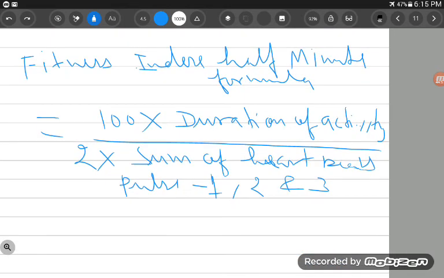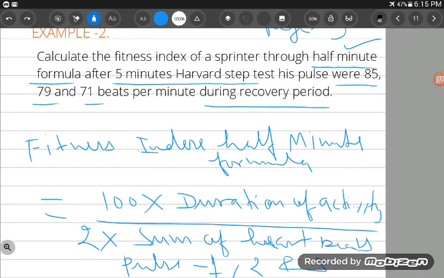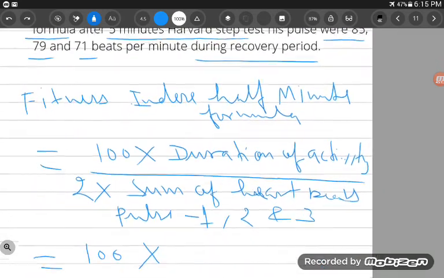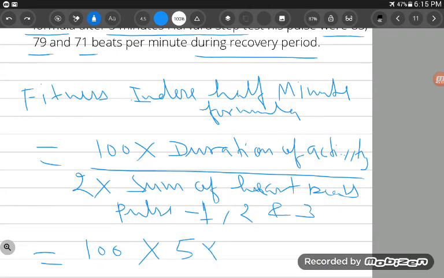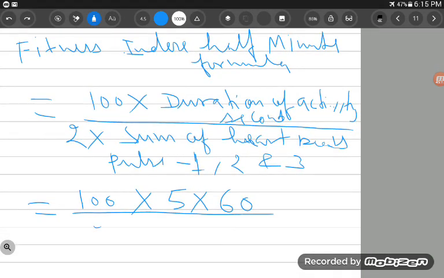Children, you will not change the formula. 100 multiply duration of the activity, which is 5 minutes. So 5 multiply 60, because it should be in seconds, upon 2 multiply sum of the pulses.